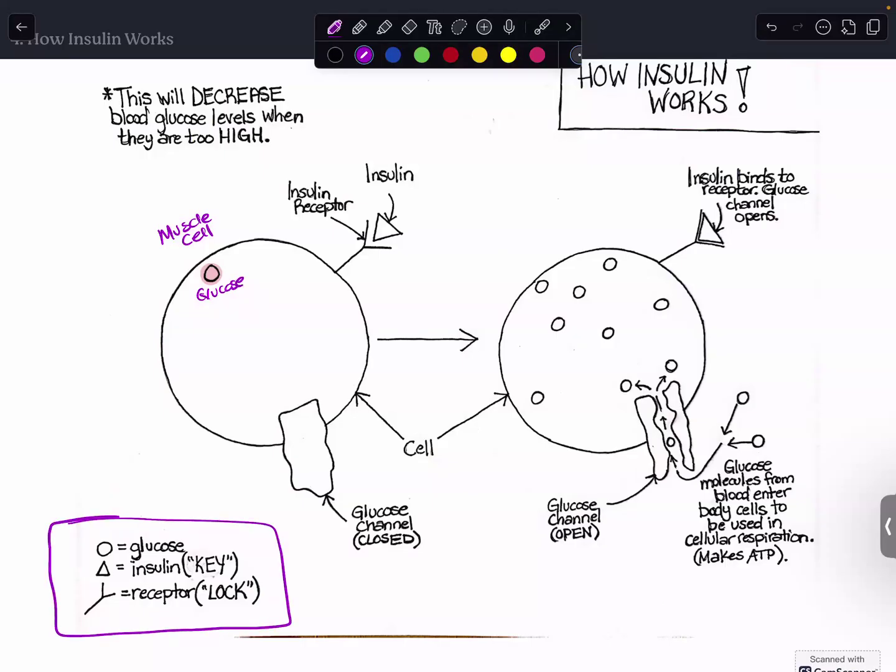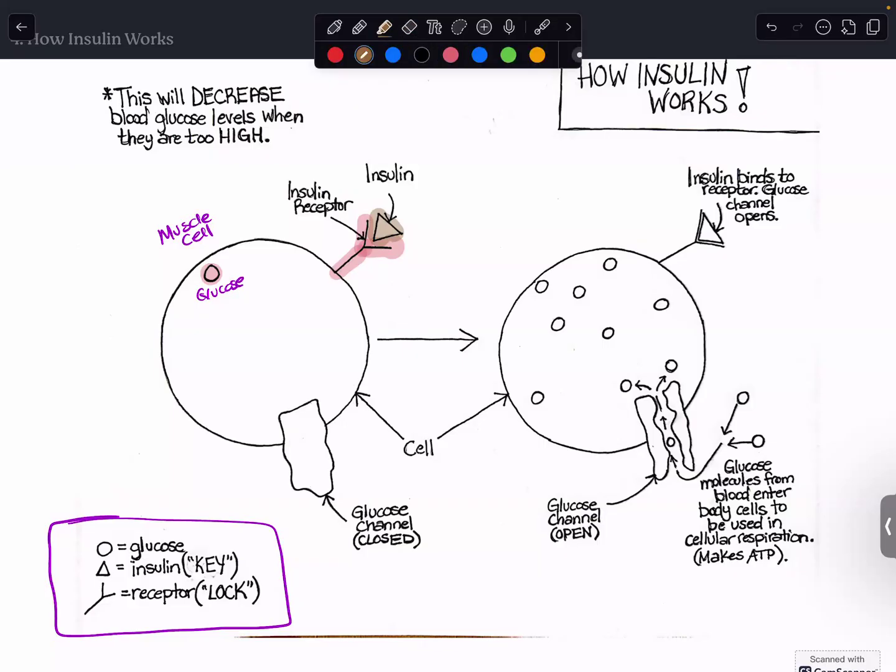So you can look at the legend down here to see. All right? On the surface, we have these insulin receptors that have a very particular shape. And the purpose of the insulin receptor is to receive the molecule of insulin, right? That's produced by the pancreas. Notice that they have shapes that fit very, very well and very comfortably. So whatever is going to fit into that receptor has to fit like a puzzle piece, okay?